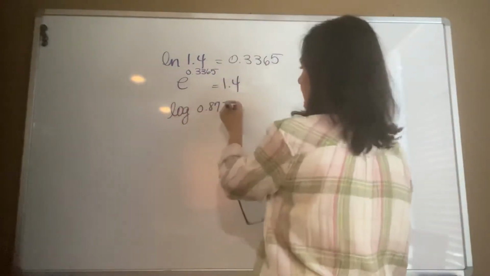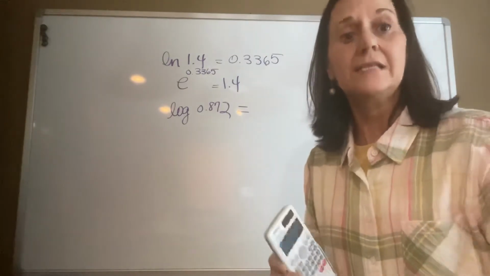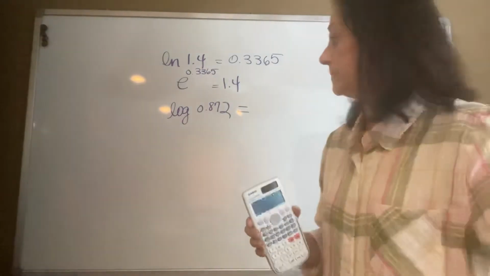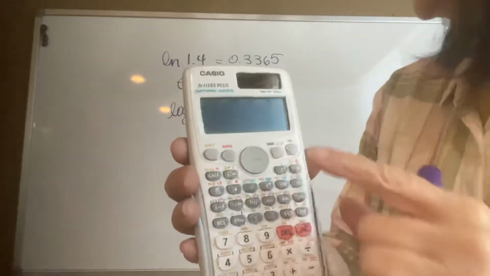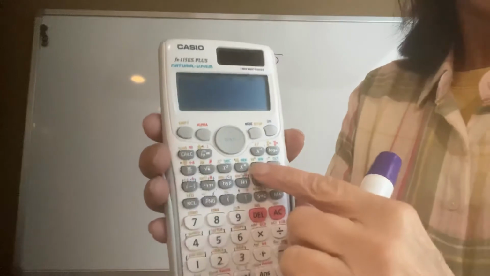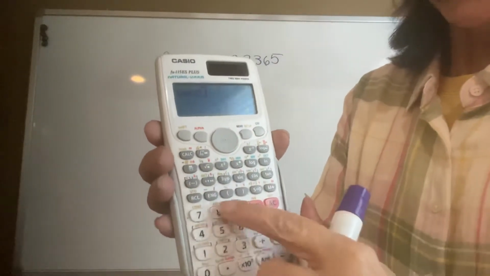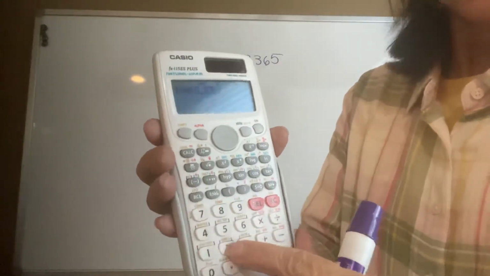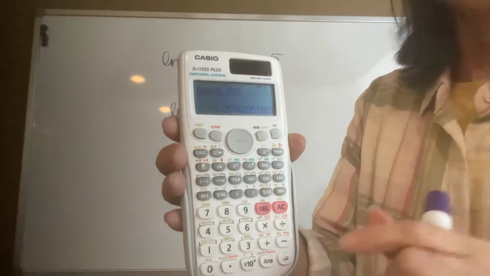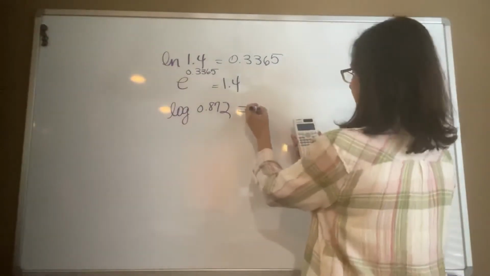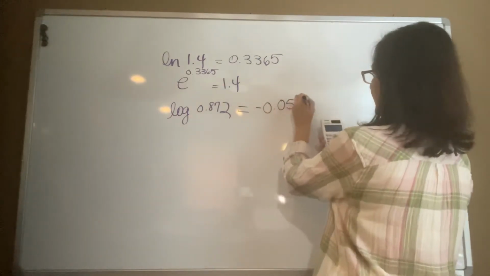This one, my base is not there, so the base is always 10 if there's no base written. All right, but I can solve for that by entering log and then 0.872 is my anti-log and equals, and that's my exponent, negative 0.0595.